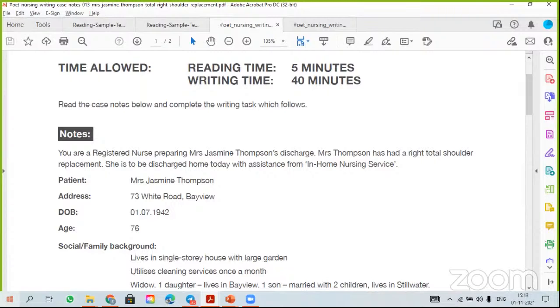So 12 into 4, 48 sentences. What are quality sentences? We'll see them now.